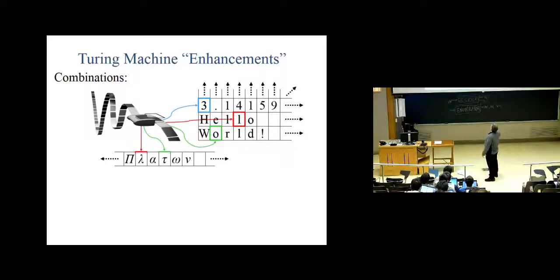And not only that, it has 2 heads on this tape, and it's non-deterministic on top of all of that. Right? So what about this complicated Turing machine with all these enhancements going on all at the same time? Is that any super-powered machine, or is there a 1-tape, 1-head, deterministic Turing machine that does the same job that this one does? What do you think?